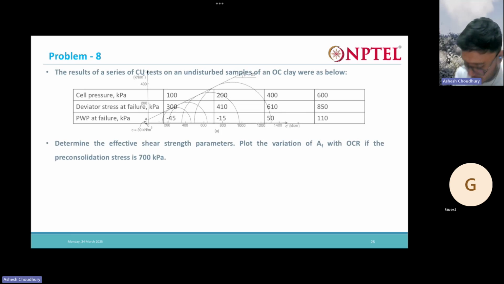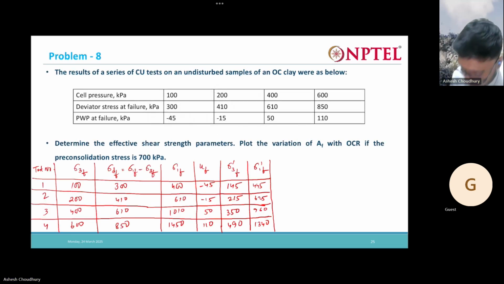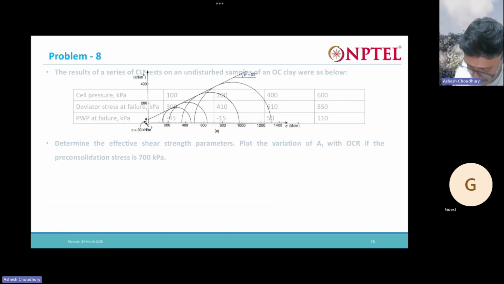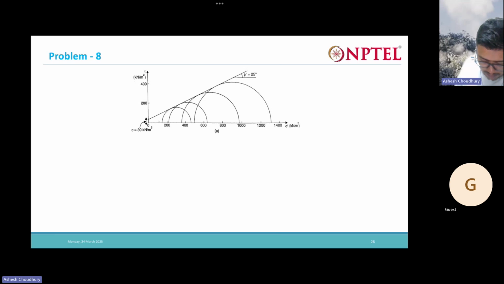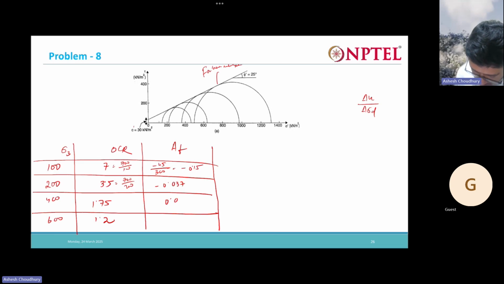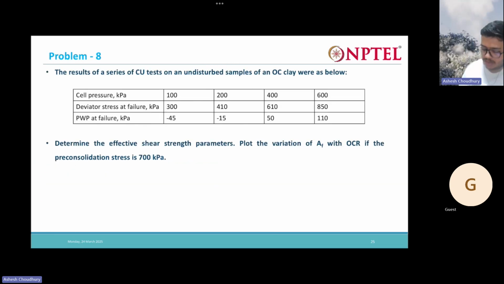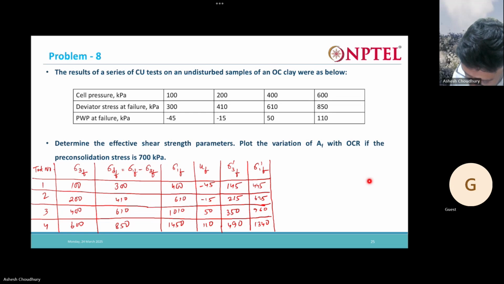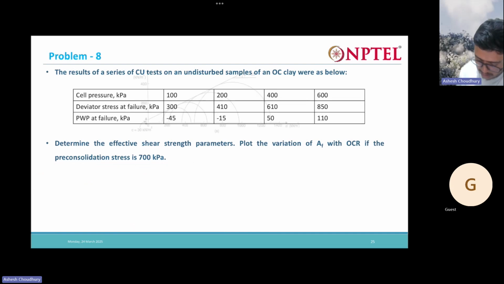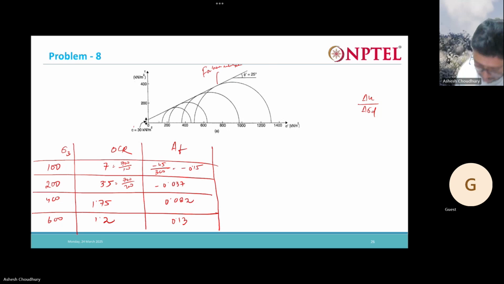Similarly, for the third test, it is 50 by 610, which is 0.082. For the last one, it is 110 divided by 850, which is 0.13. Okay, we got the AF values.